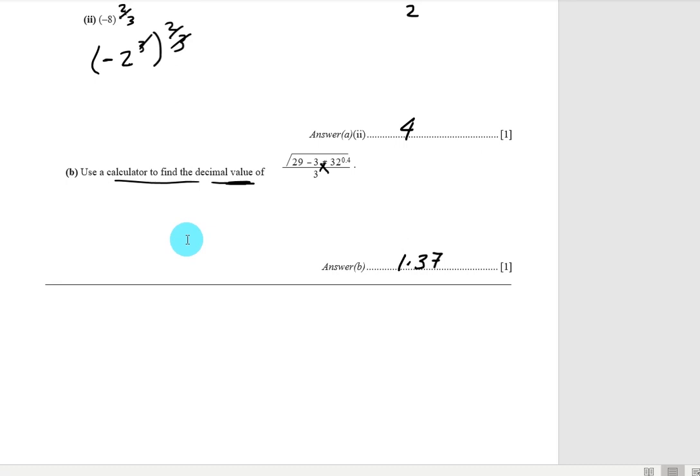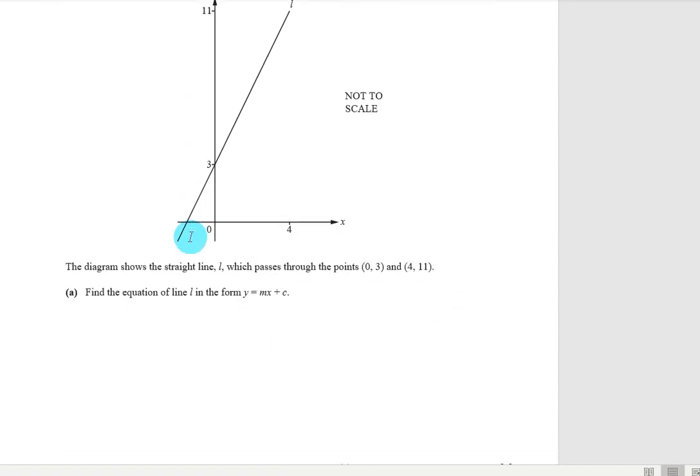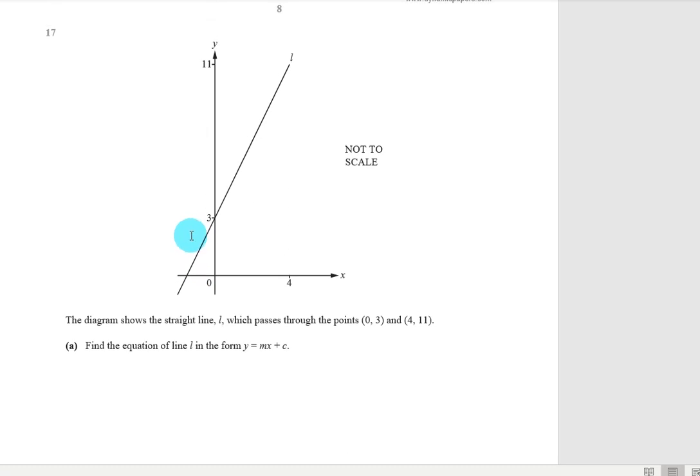There is nothing to write here because you need your calculator only. The diagram shows a straight line L which passes through the points (0, 3) and (4, 11).